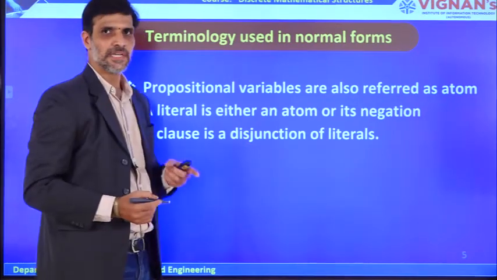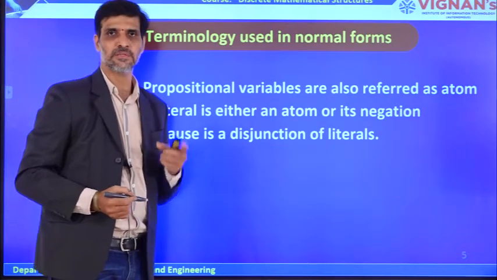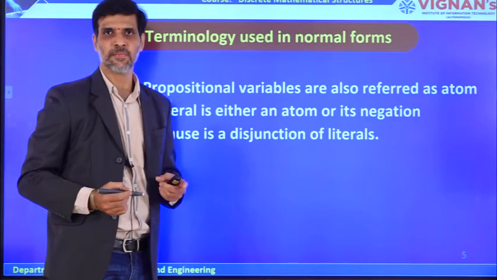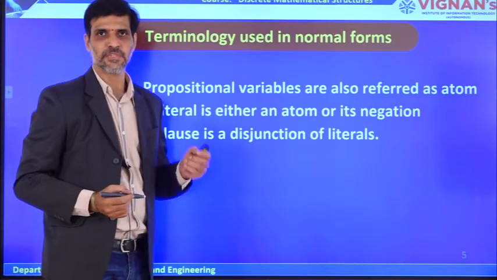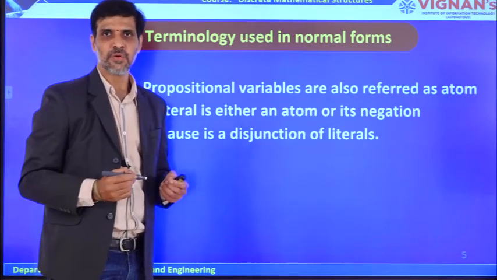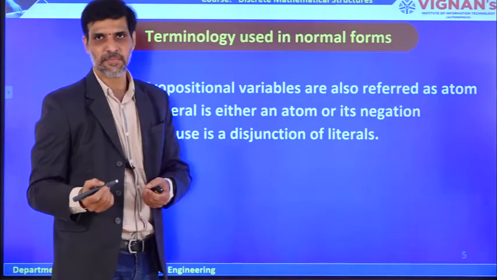I hope the notation and terminology we are going to use in these normal forms is clear. The first one is the atom. Any propositional variable is called an atom. A literal is either an atom or a negation of an atom.